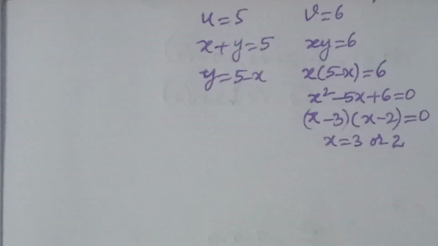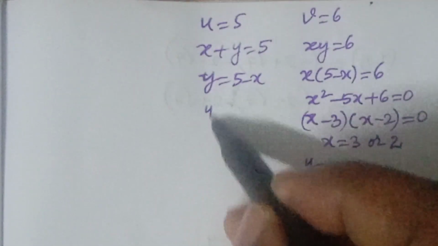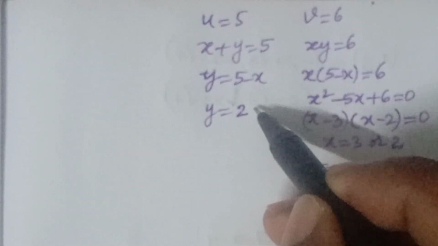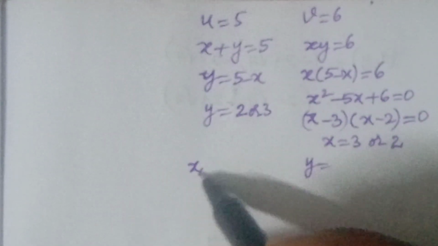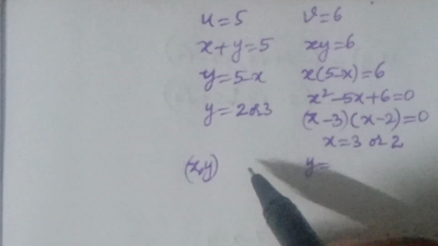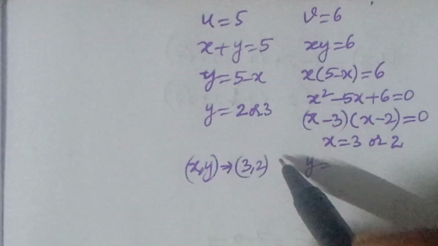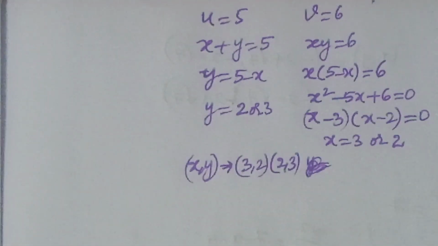Then y value will be 5 minus 3, 2, or 3. So here you will get ordered pairs: x comma y is equal to 3 comma 2, and another one is 2 comma 3. So this is the first case.